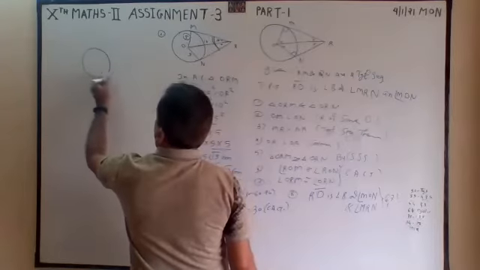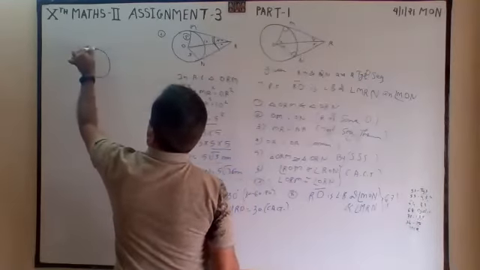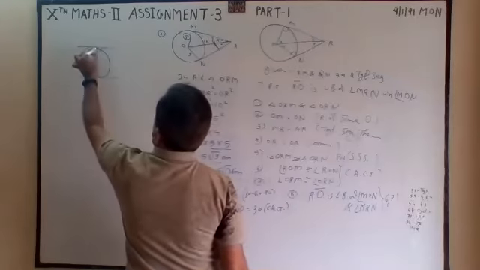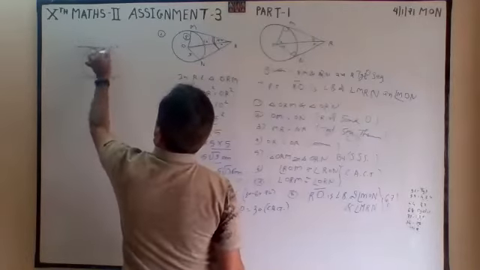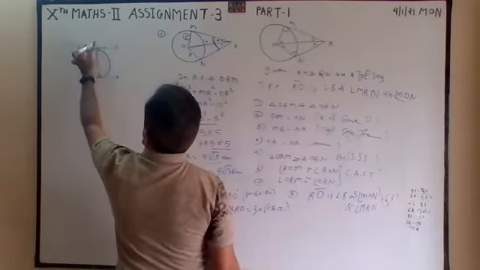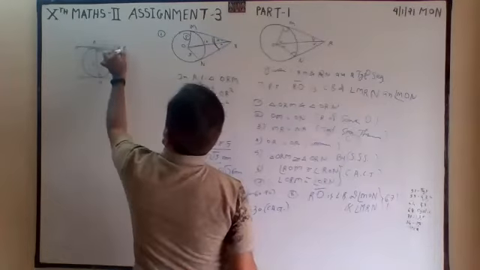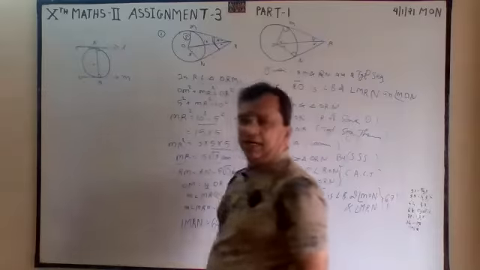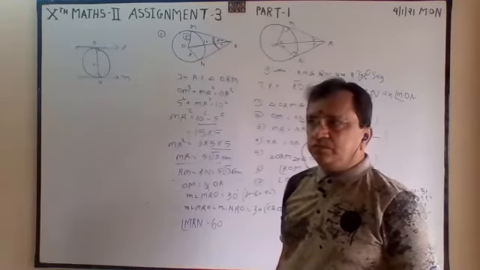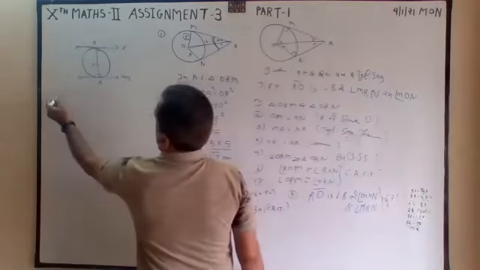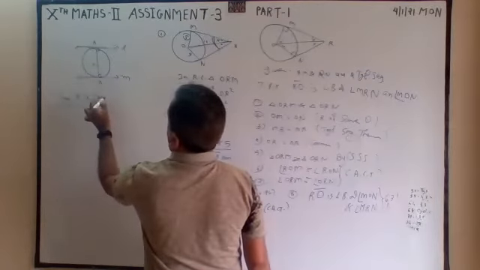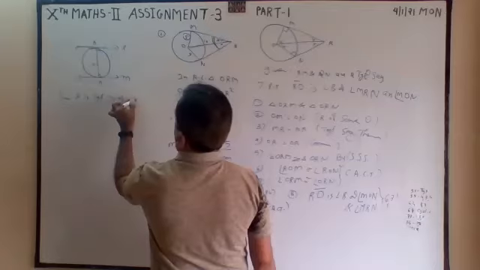These are two parallel tangents. Line L and line M. Line L is tangent to the circle, given.